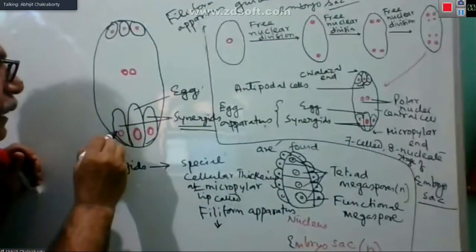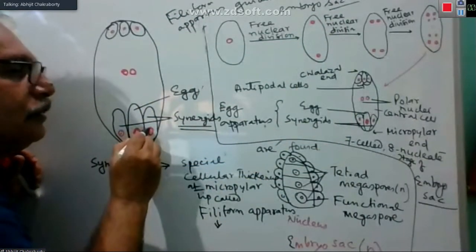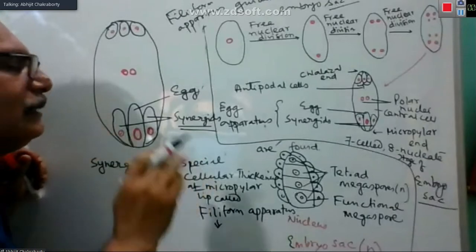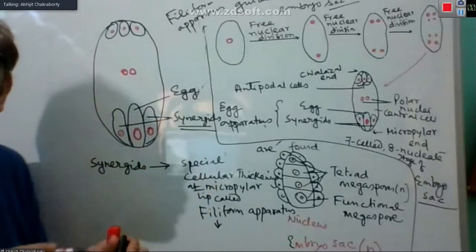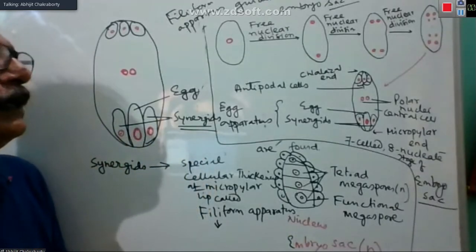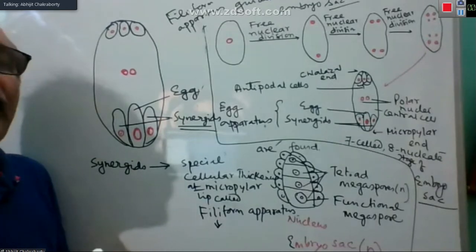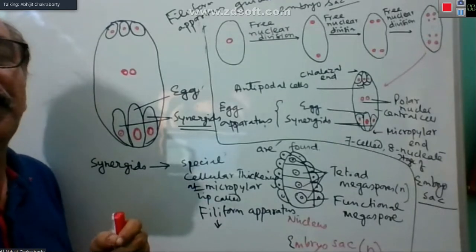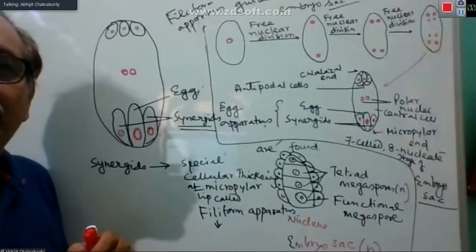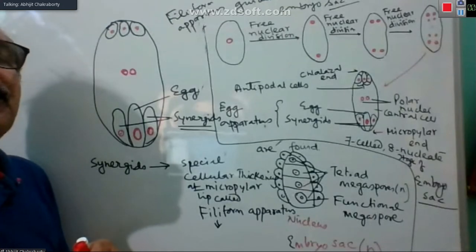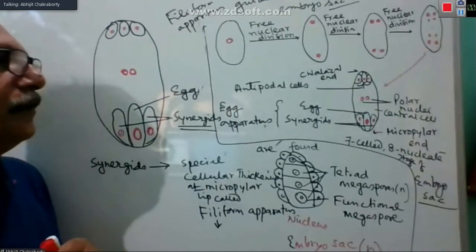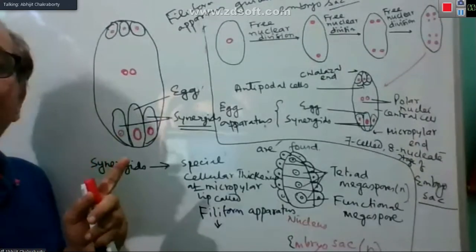And the synergid cells are the cells which provide seating arrangement to the pollen tube entering into the embryo sac. After that, synergids will degenerate. Is it clear up to this?